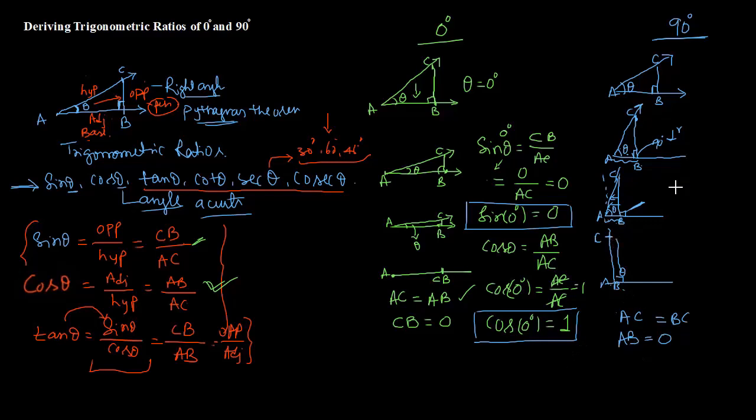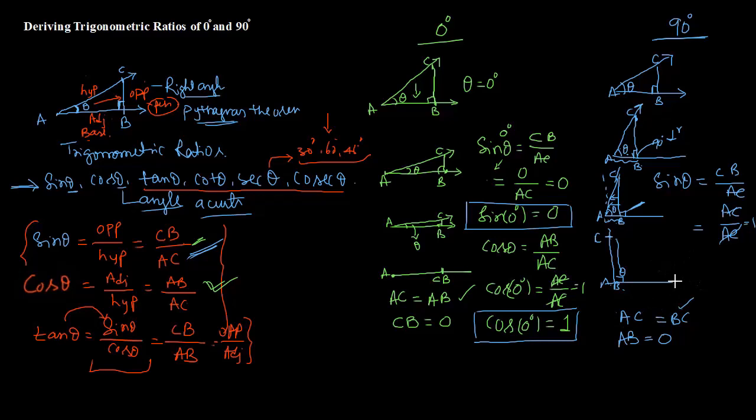So AB started reducing. A and B are lying on the same point, AC is equal to BC, and AB becomes 0. Now if I write the same thing, sin theta is equal to CB by AC, according to the ratio we have written. Here CB and AC, or BC and AC, are the same, so I can substitute one of them. That will be 1.